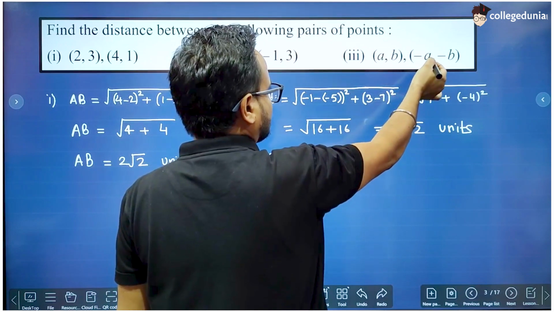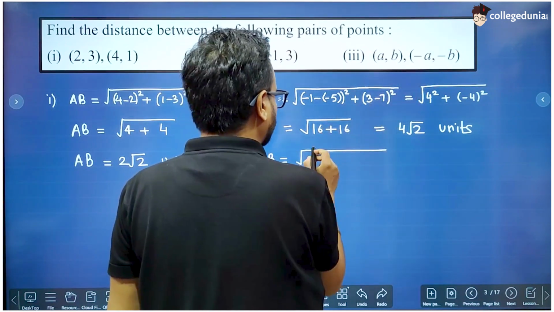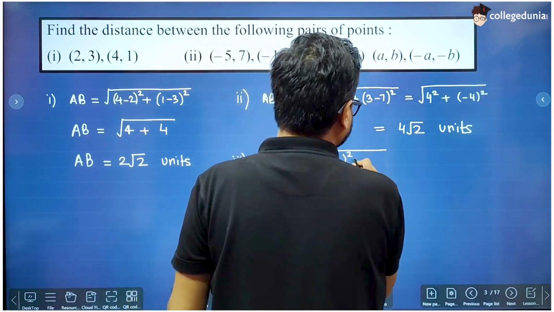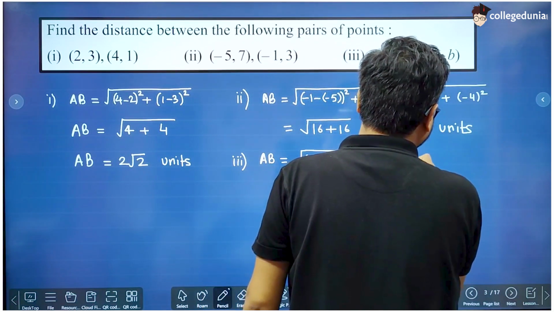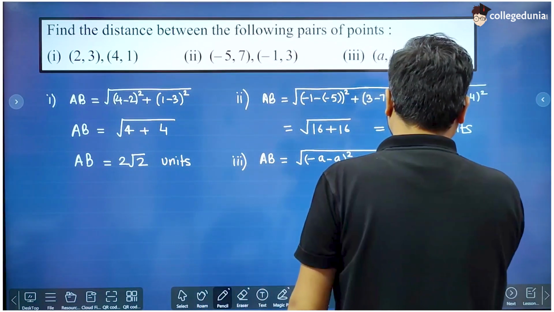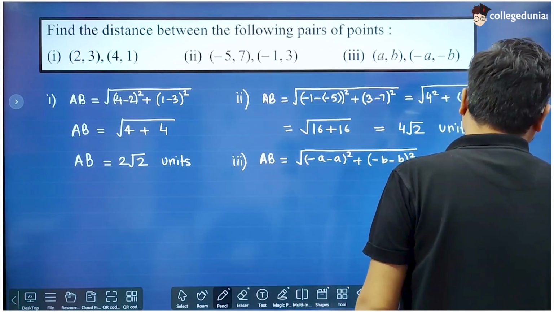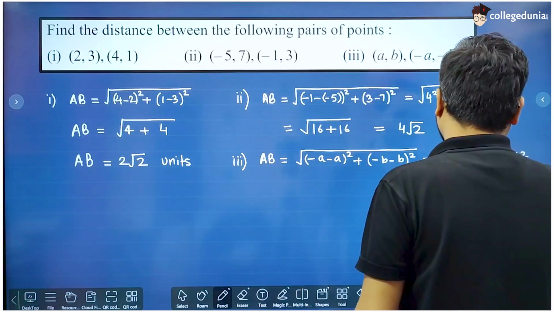Now let's take this as x1, y1. Take this as x2, y2. So x2 minus x1 whole square plus y2 minus y1 whole square. So minus 2a square plus minus 2b square.